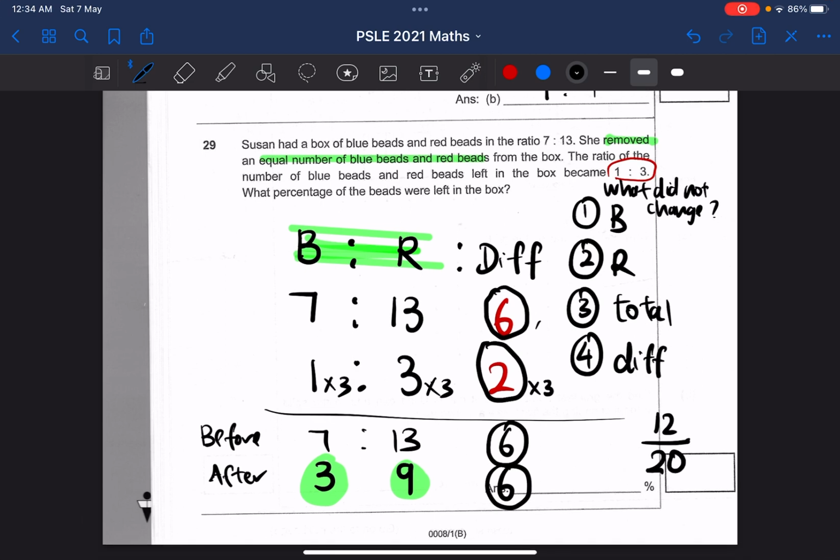So now there's only 12. Originally there was 20. So if I find percentage, it's simply just multiply by 100. Okay, you do your cancelling, that's your final answer, 60. So this is for question 29 on ratio, changing ratio. Okay, so if you have forgotten about the ratio part, revise back onto your workbook on how we do our changing ratio. Okay, that's question number 29.